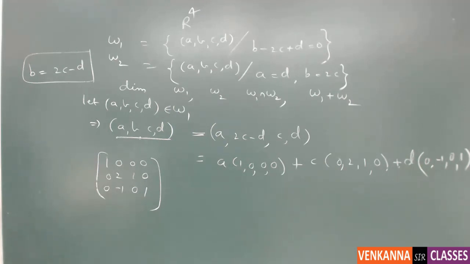So it is independent. So there you have proved the spanning. Here you proved the independence. So it is a basis. It satisfies the two properties, linear independence as well as spanning. So it contains three vectors. So the dimension of W1 is nothing but 3.